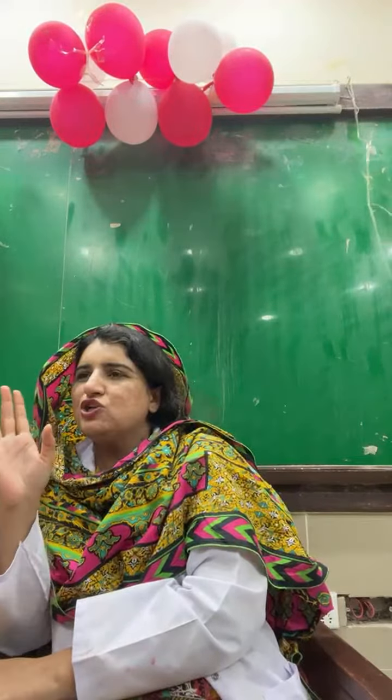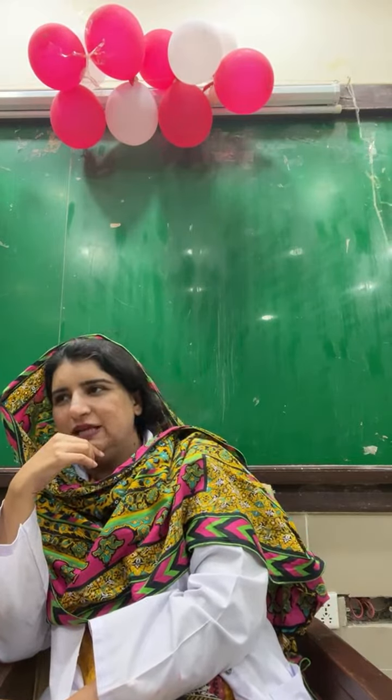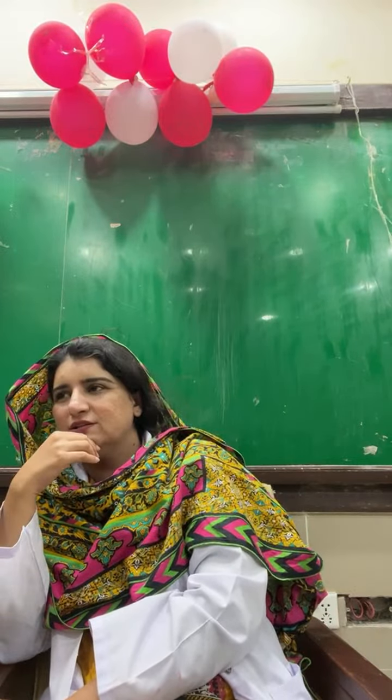So 6 dates daily she should take during pregnancy. 2 morning, 2 in the lunch, 2 at the dinner. So if a patient takes 6 dates daily during pregnancy, she should not have any signs of anemia. So dates are the most economical, cost-effective thing that can cure anemia. Okay. So you can counsel your patient about anemia, about the diet rich in iron.